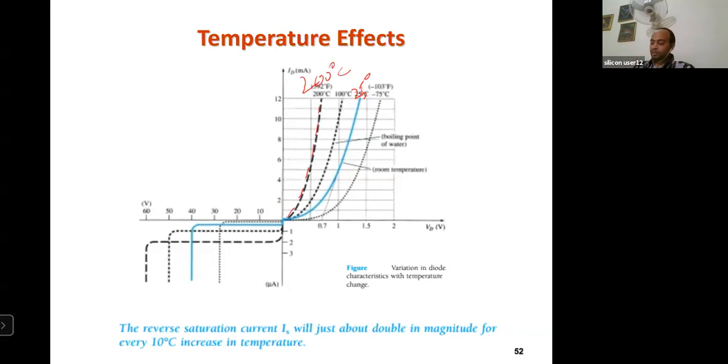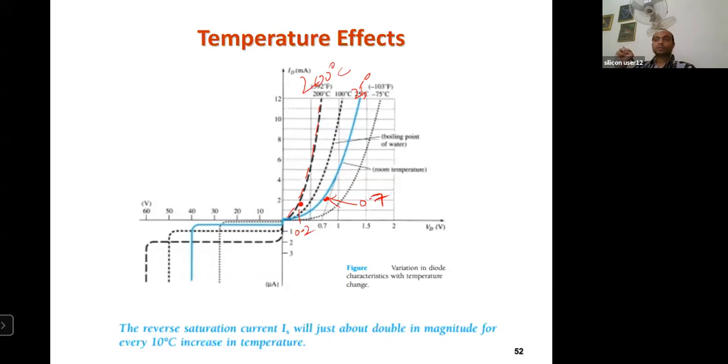Because at room temperature, around 0.7 volt, the depletion region was neutralized and the current was starting to increase. But at 200 degrees centigrade, at an earlier point, let's say at 0.2 volt, the depletion region has been neutralized and the current started to increase.